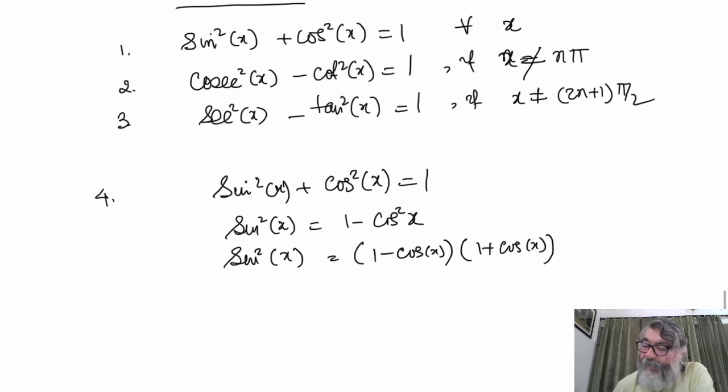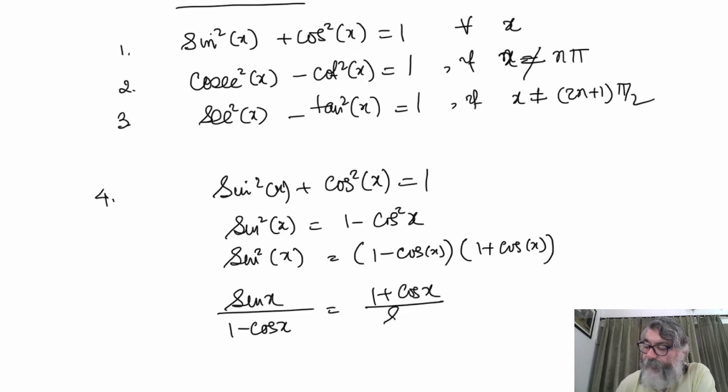And then we can write sin x upon 1 minus cos x is equal to 1 plus cos x upon sin x. It was sin square x, sin x into sin x, one sin x I have brought to this side. So sin x upon 1 minus cos x is equal to 1 plus cos x upon sin x.